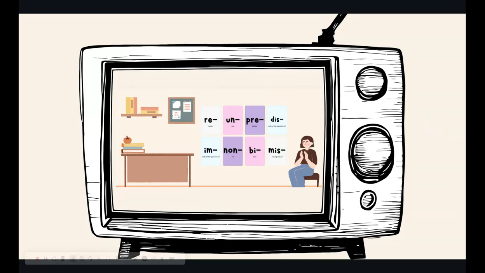The next slide. Here I'm teaching students about prefixes, an easy way to improve your vocabulary. These prefixes here, for example, if you know the word schedule, add re to it, reschedule.